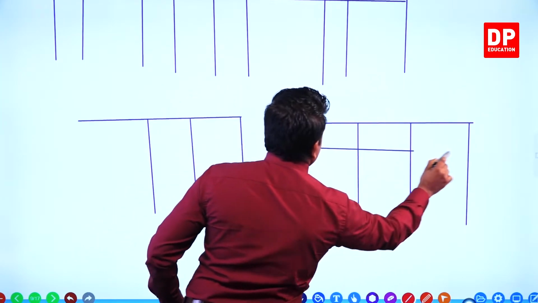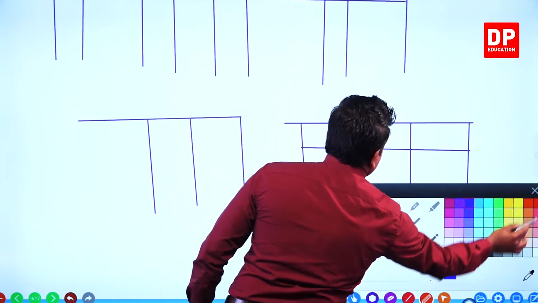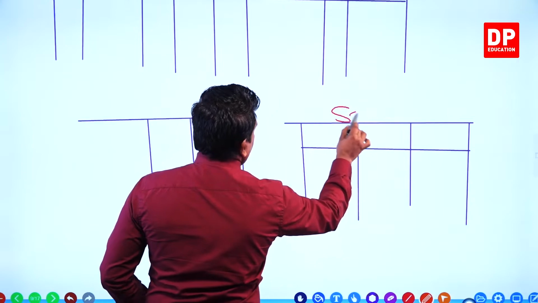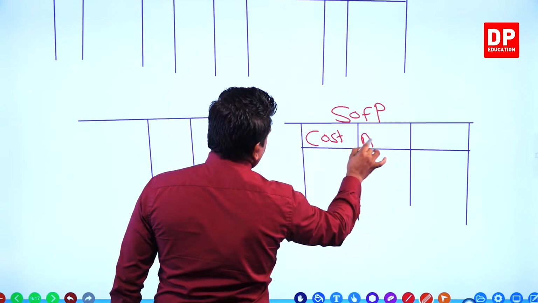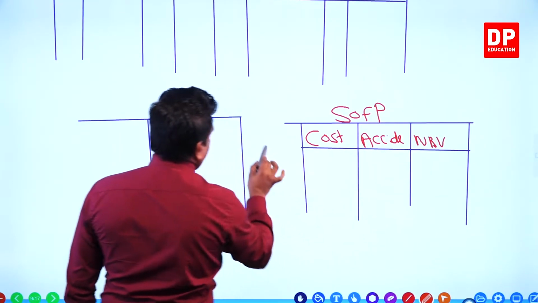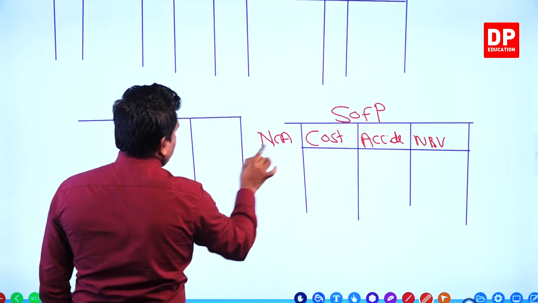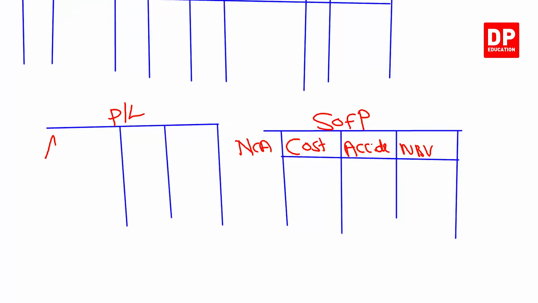This is the statement of financial position: cost, accumulated depreciation, net book value. Here you write non-current assets. In the profit and loss statement, here the administration expense category.